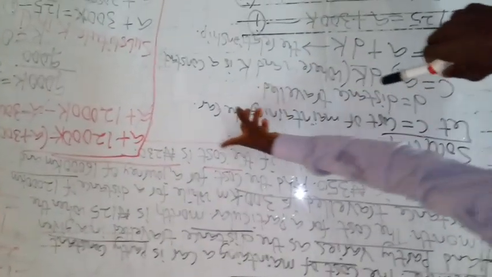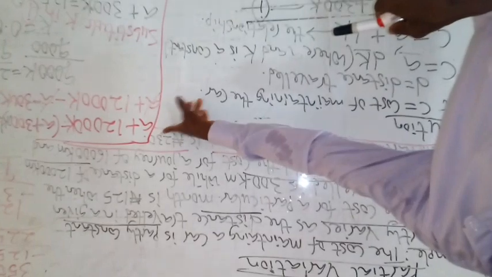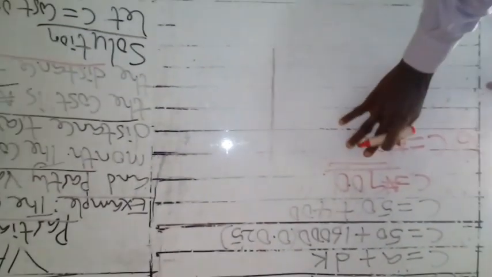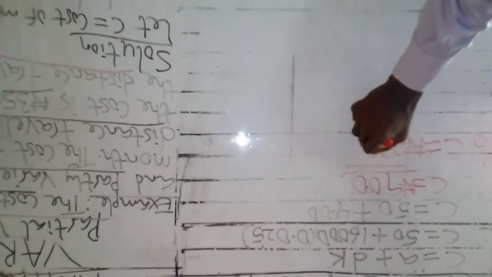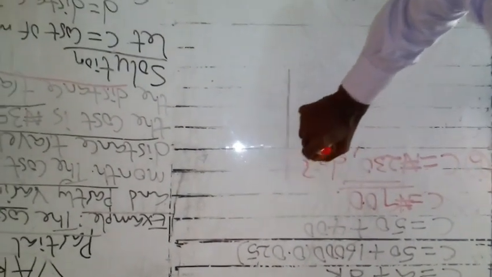Now look at the other question. We are asked to look for the distance traveled if the cost is 230 naira. We have been able to look at the cost when the distance traveled is 16,000. Now getting that, our cost is 230 naira. Our D is what we are looking for.